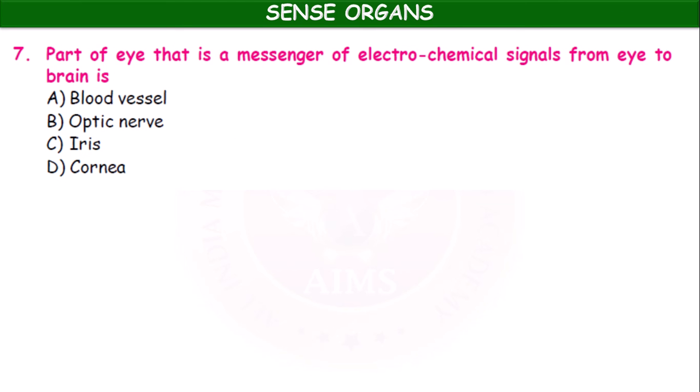The part of the eye that is a messenger of electrochemical signals from the eye to the brain is blood vessel, optic nerve, iris, cornea. Which one? It's the optic nerve, which carries the information in the form of electrical impulses regarding the vision.